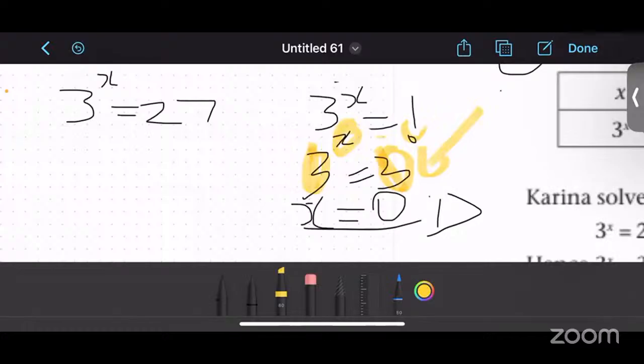What did we do? 27 to the power of 0. 27 to the power of 0 is equal to 1, and 3 to the power of x is equal to 27 to the power of 0. 27 to the power of 0 is the same as 3 to the power of x is equal to 1.